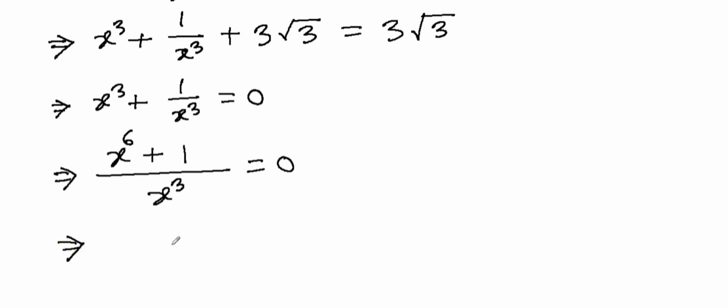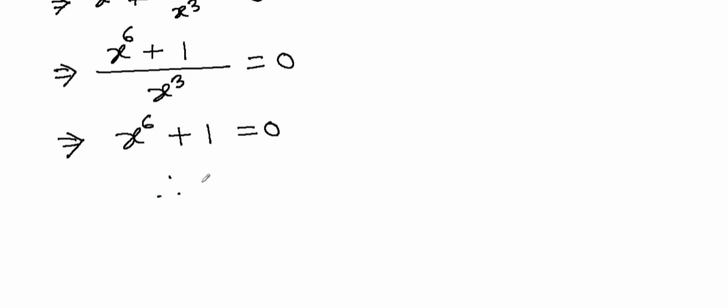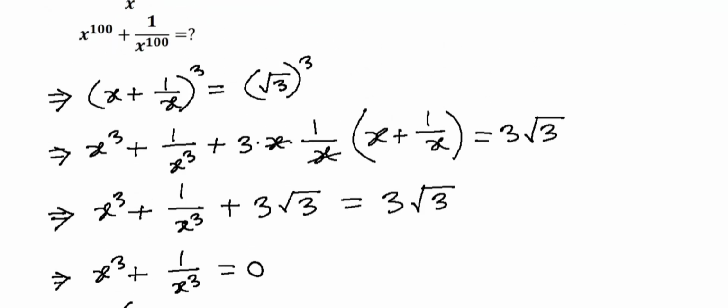So x to the power 6 plus 1 equals 0, because if we multiply 0 by x to the power cube, we'll get 0. x to the power 6 equals minus 1. Okay, now we write this.